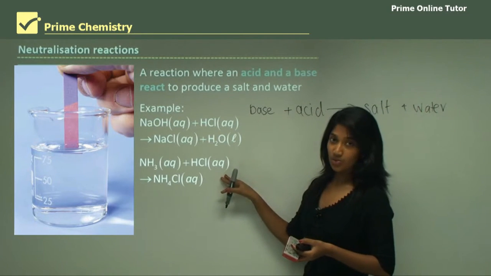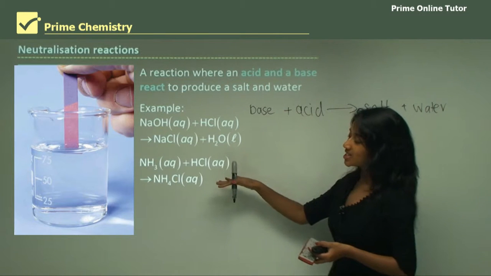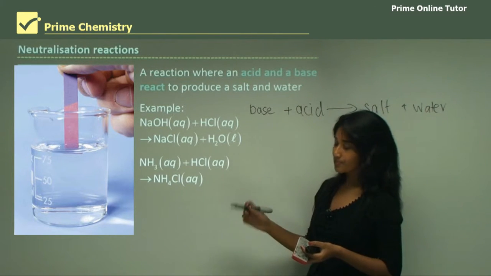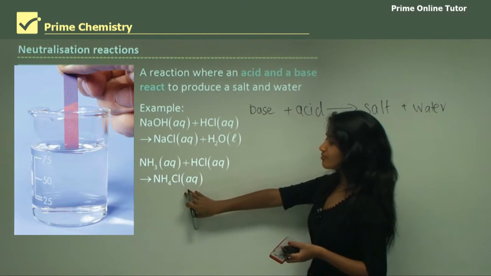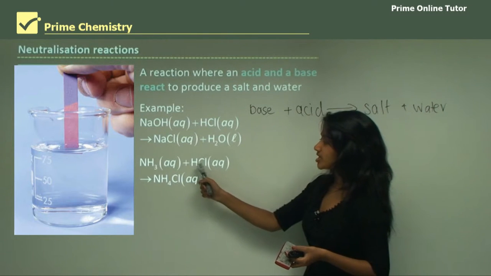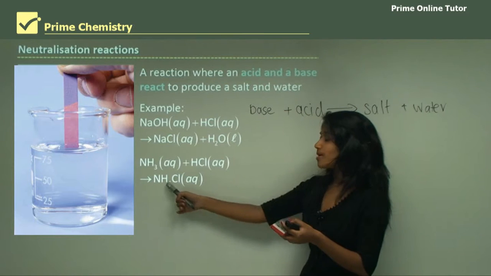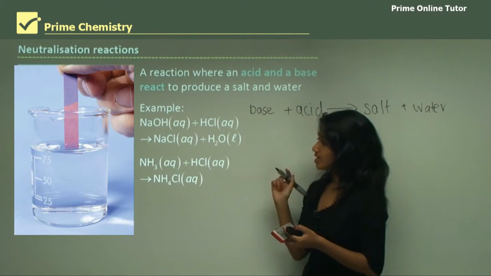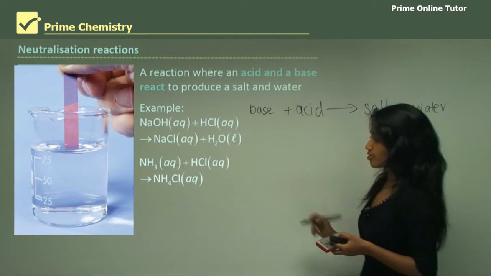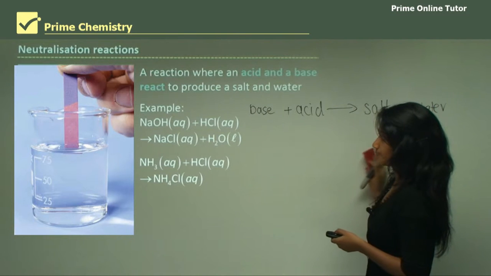For example, this one. This is an exception, and it's an exception that you should know. So it doesn't form water, but the hydrogen from the hydrochloric acid and ammonia would join together to form ammonium chloride. So you can see how you would write the chemical equation.